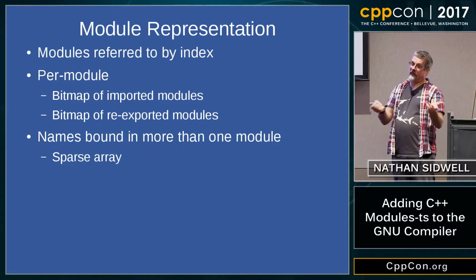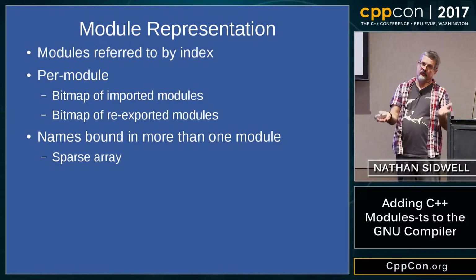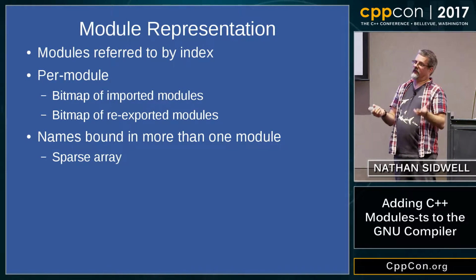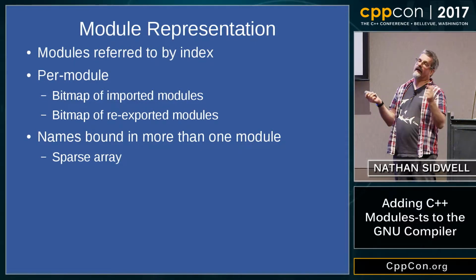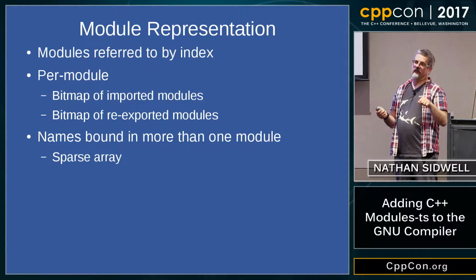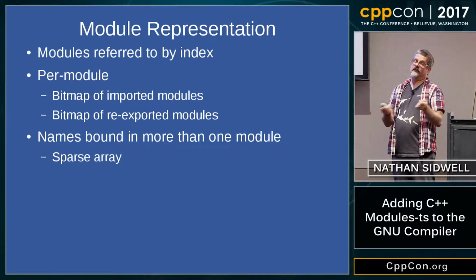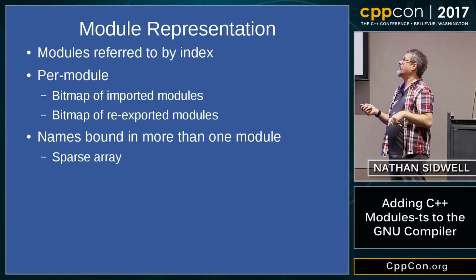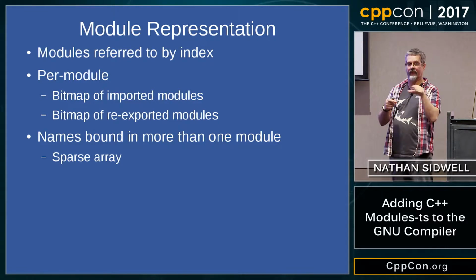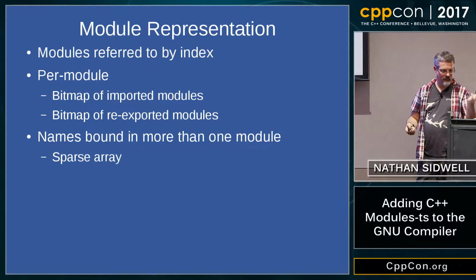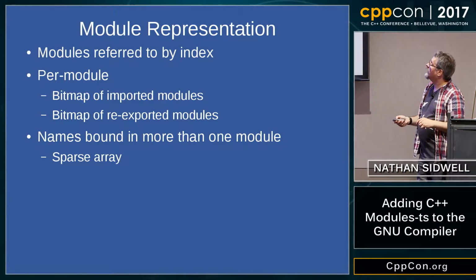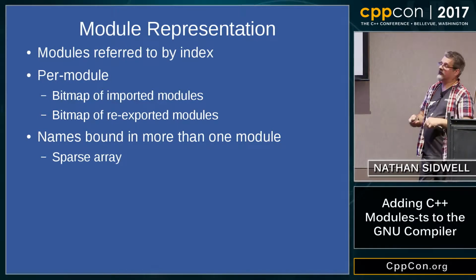But now names can be bound to different things in different modules, so we end up with this hash map. This map gives you the sparse array, and for each module that actually binds it to something there will be a slot in that array, and then this bitmap tells you which of those slots you start concatenating together. Okay. Right. So that's name lookup.